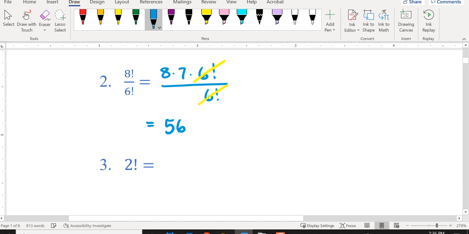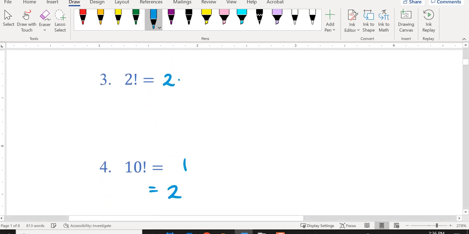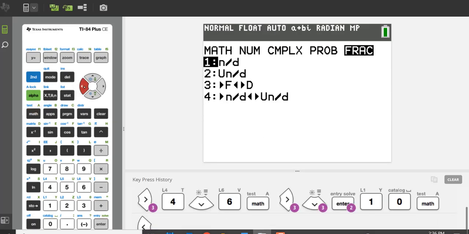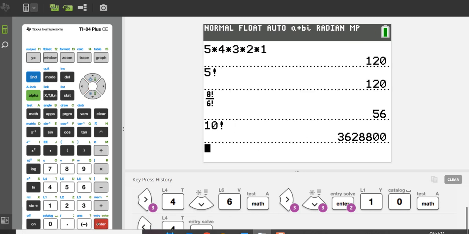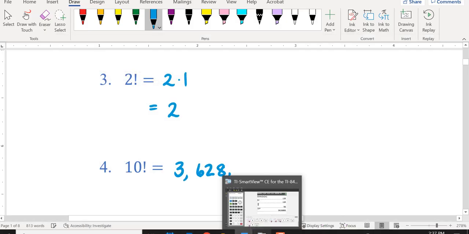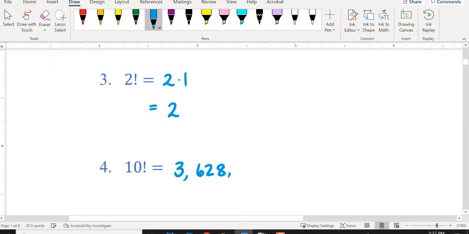All right, what is 2 factorial? Well, it's 2 times 1, which is 2. What is 10 factorial? Okay, I'm not going to write that out. I'm just going to go straight to my calculator and type in 10 factorial, which is, ooh, that's a big number. 3,628,800.